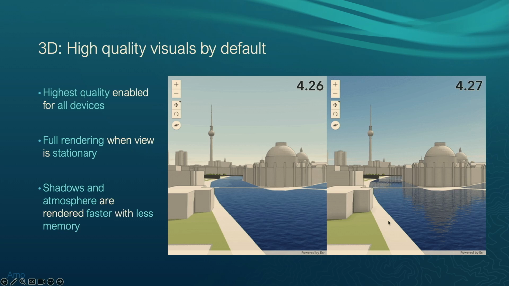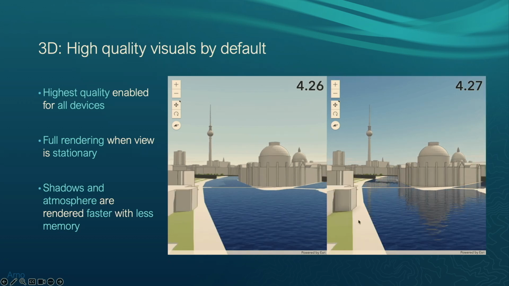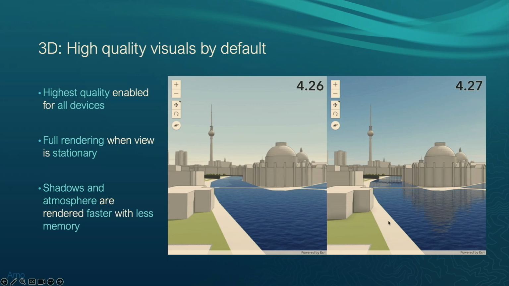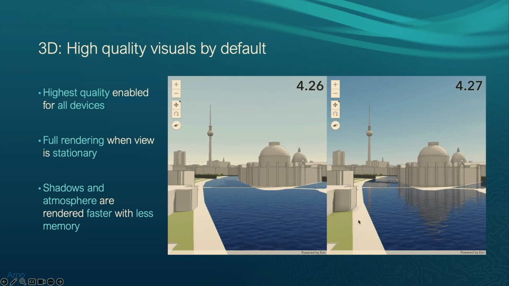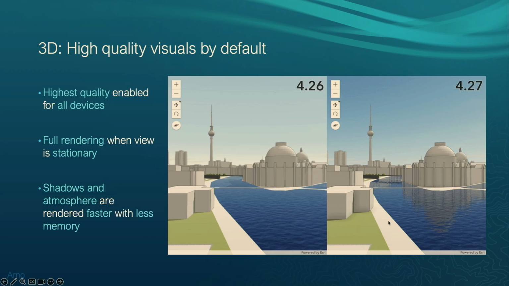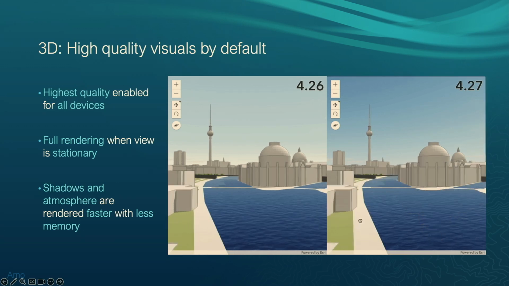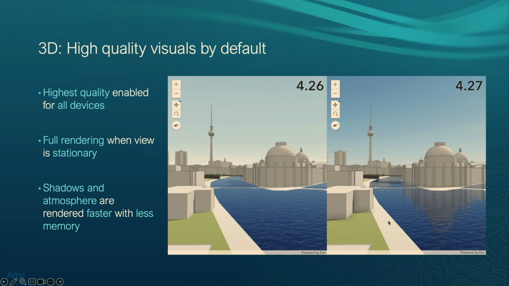And as soon as the view becomes stationary, we add a whole bunch of effects that previously you only got when you cranked up the quality either directly through the API by increasing the quality setting, or in Scene Viewer, where you have this quality setting in the settings somewhere, making things like the water reflections appear or the ambient occlusion you might have noticed in the scene I previously demoed.